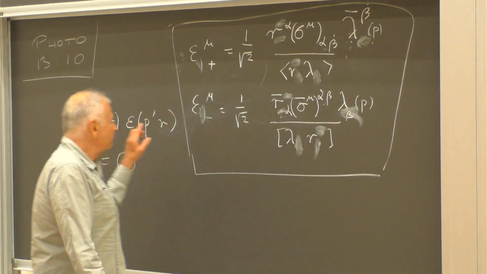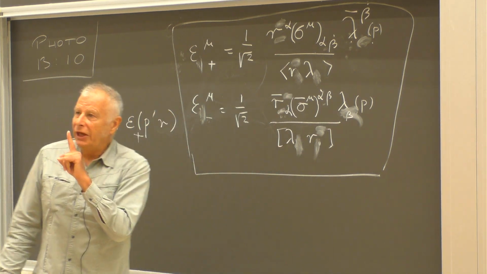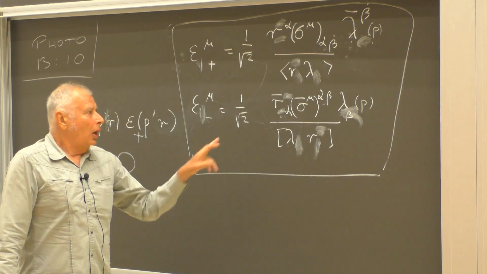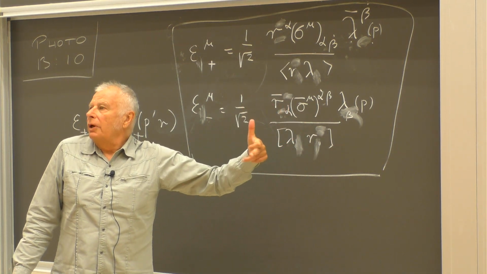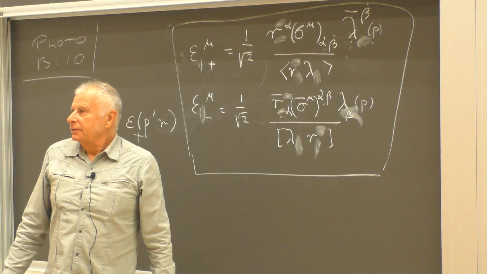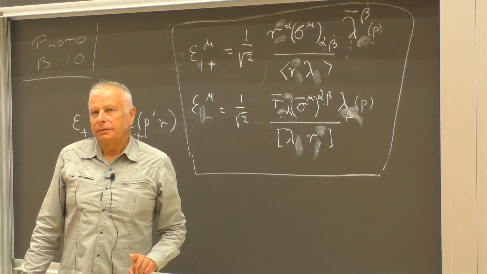So when you perform this little group rotation on a polarization vector, you'll get this phase which will be determined by the helicity. All right? Is it clear?